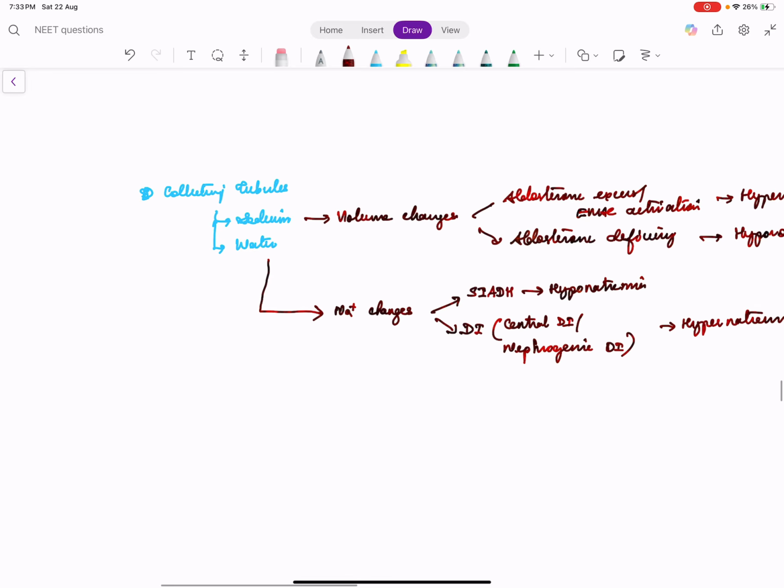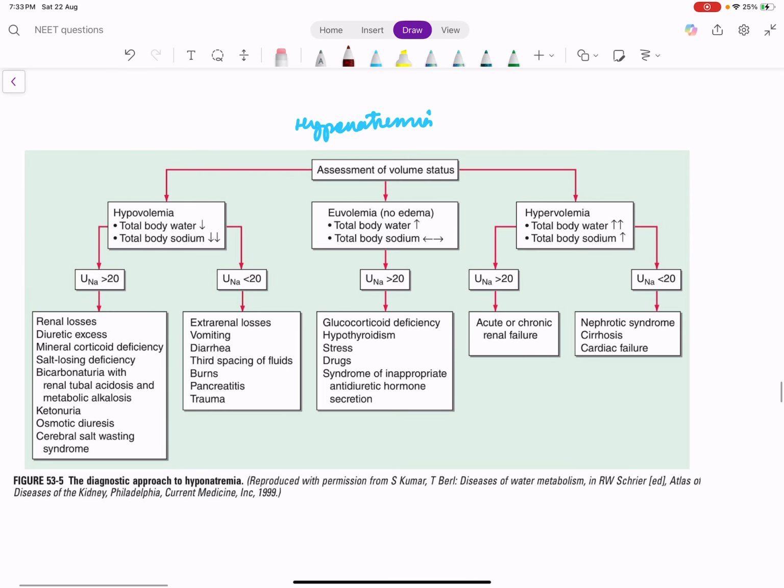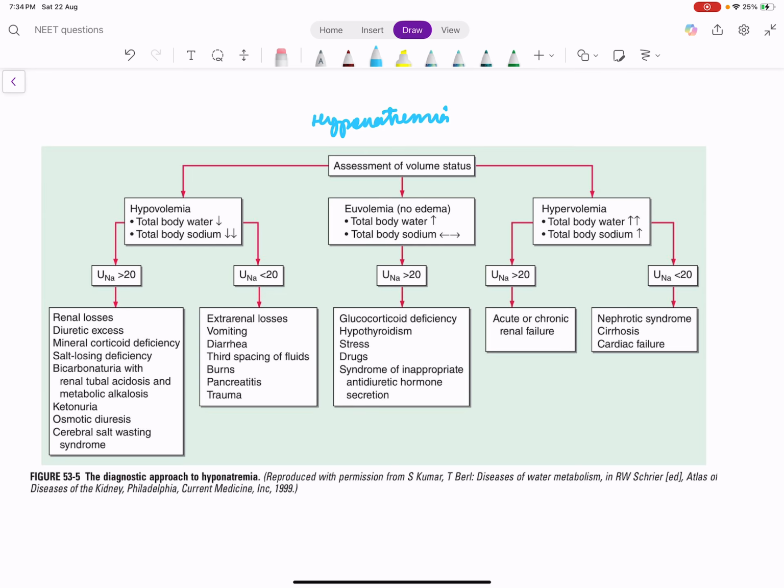With this gist, we'll just discuss hyponatremia. We'll not discuss it in great detail, just shortly. Always in electrolyte imbalances, be it hyponatremia or hypernatremia, hypokalemia or hyperkalemia, always try to find out whether it is a true electrolyte abnormality.